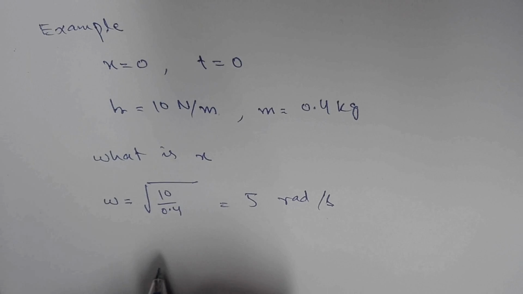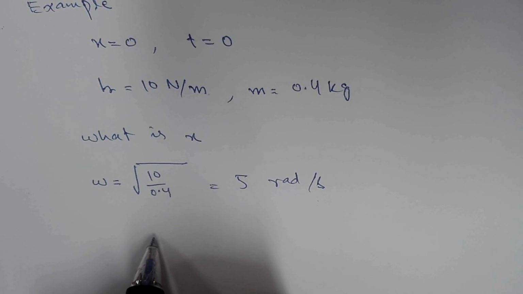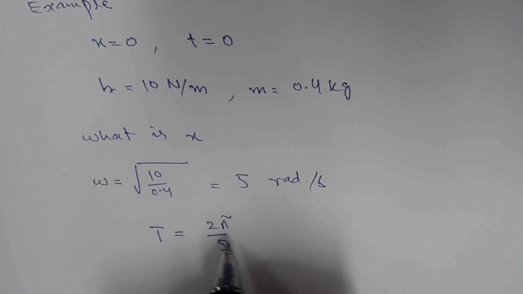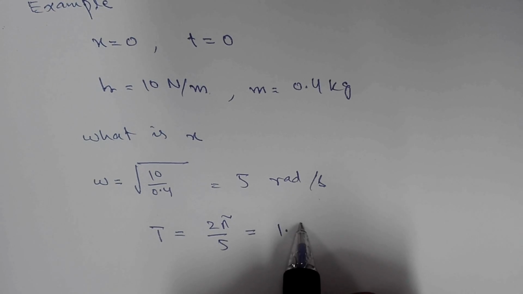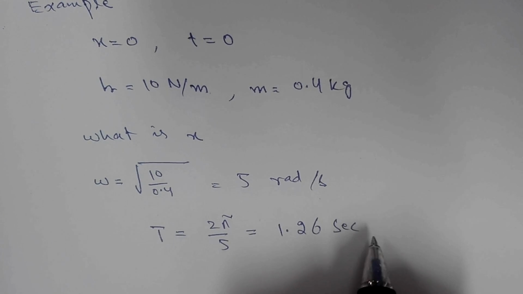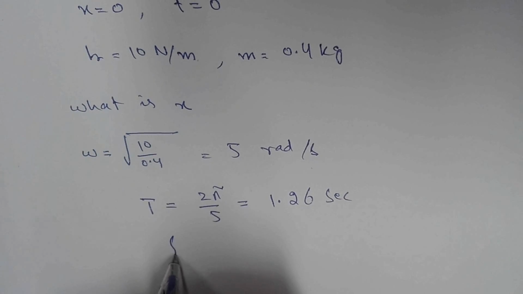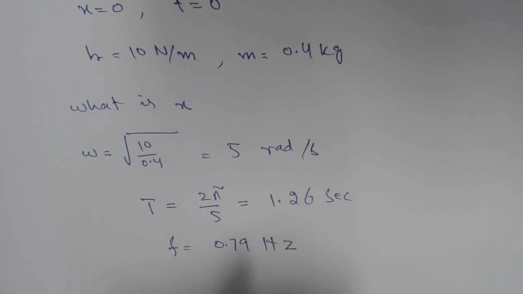And the period of oscillation, T is equal to 2 pi over 5, which should be around 1.26 seconds, and here the frequency is 0.79 hertz.